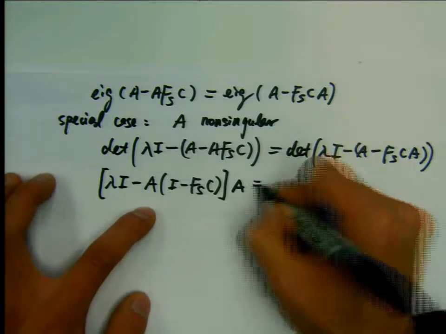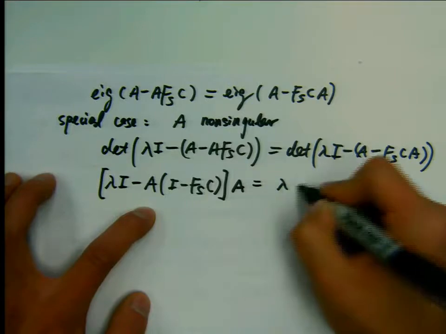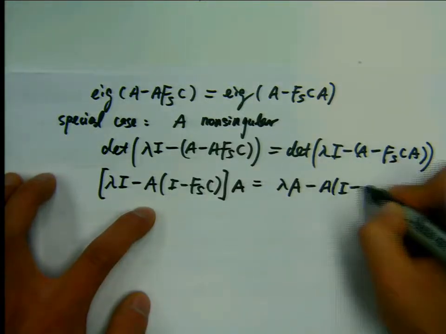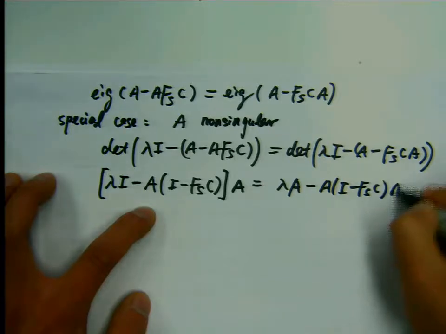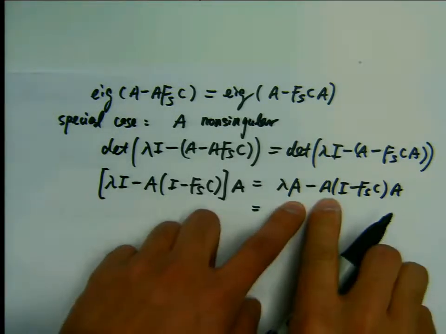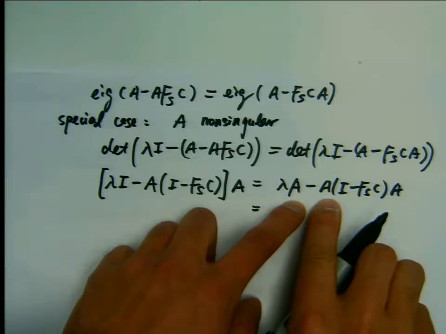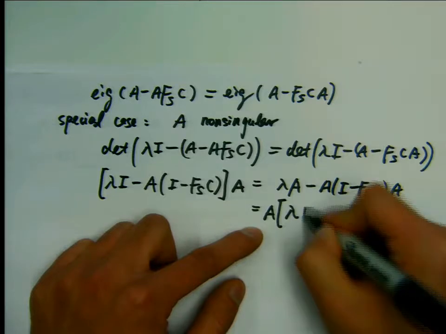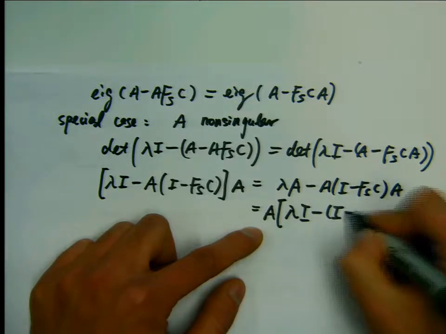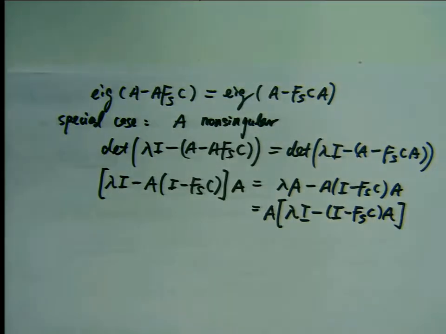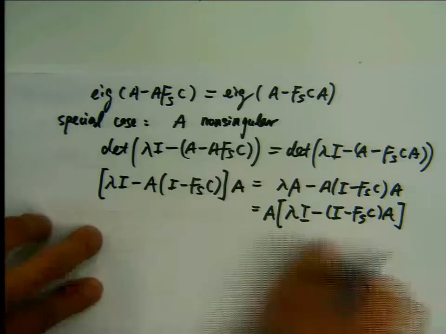Then I get lambda A minus A times I minus Fs C A, which is equivalent to, now I can pull out an A matrix from the left-hand side, to get A times lambda I minus Fs C A. Everyone follows this?